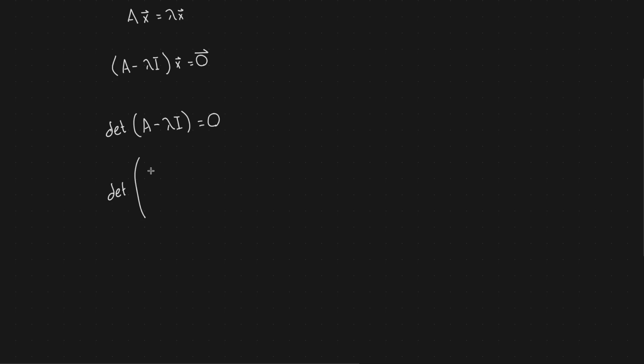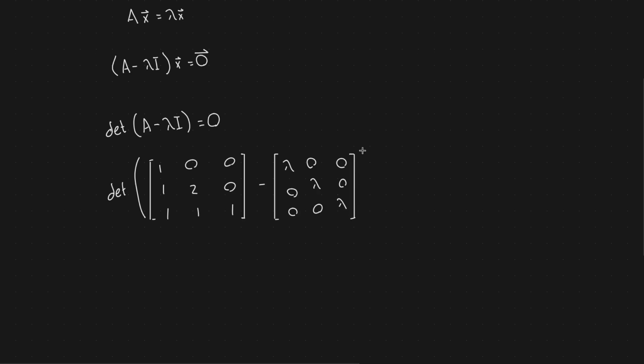So matrix A is the matrix 1, 0, 0, 1, 2, 0, 1, 1, 1. And then minus lambda I, that's just the identity matrix, but since I'm multiplying by lambda, it's lambdas down the main diagonal instead of ones.